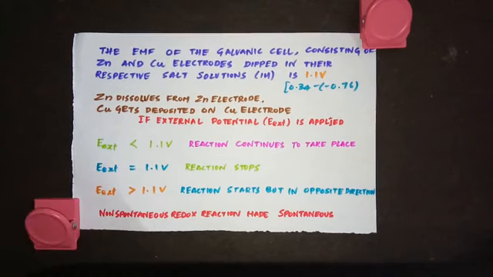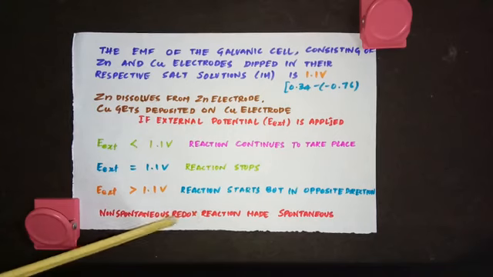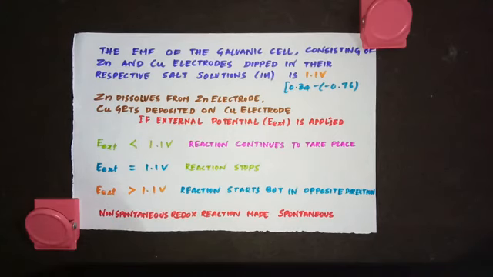So when you apply an external potential greater than the EMF of the cell, you can conclude that a non-spontaneous redox reaction is made spontaneous. Remember this: when potential more than the EMF of the cell is applied, the non-spontaneous redox reaction will start to happen, which means the reverse will happen.